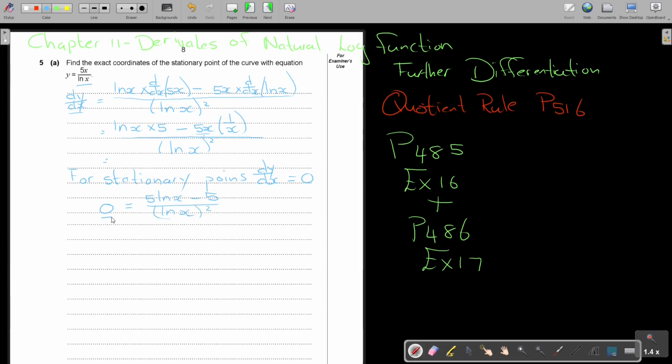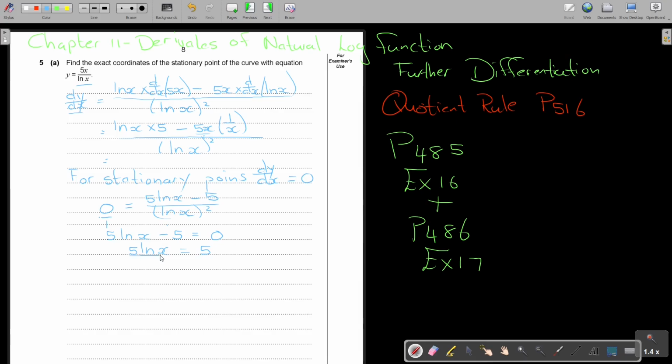Now put this over 1. And now I'm going to cross multiply, because I have one term equals one term. So I'm going to have 5 ln x minus 5, and 0 times this will just be equal to 0. So I'm going to have 5 ln x is equal to 5.